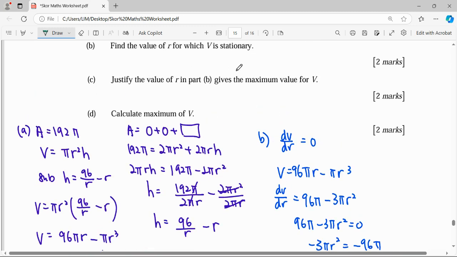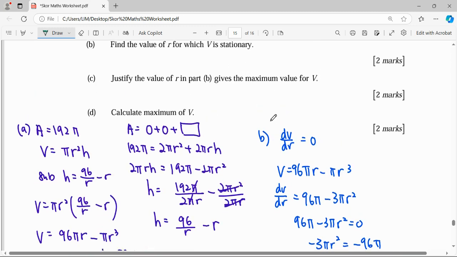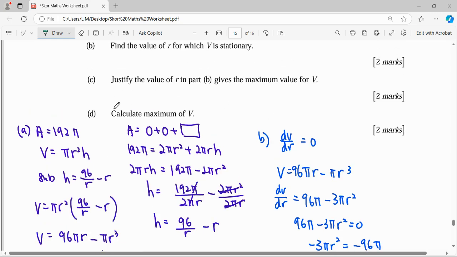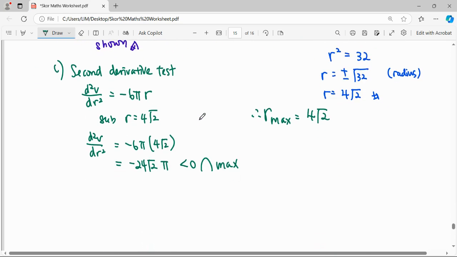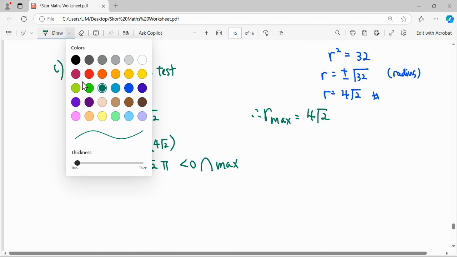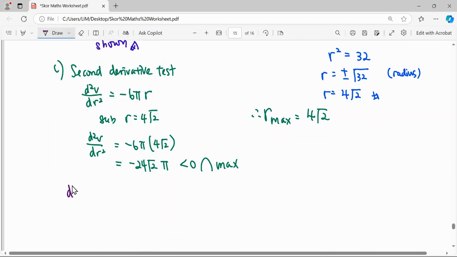So having justified that this value of r gives the maximum value of V, then calculate the maximum value of the volume. So when you come to question D, we want the maximum volume.